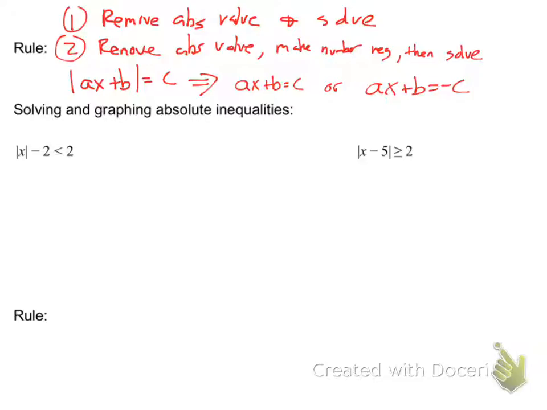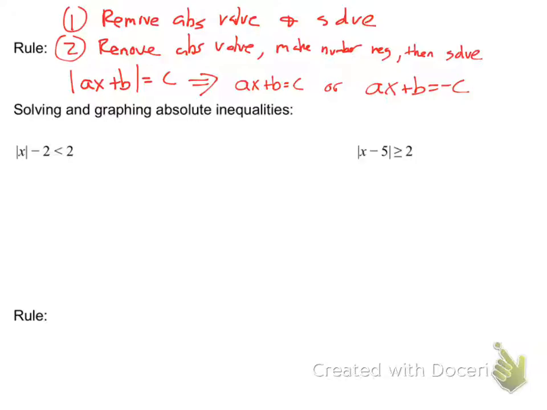Now, here's the cool thing: having absolute values, just like we did yesterday, we can isolate the absolute value as if it's a variable or something in parentheses. So it's kind of acting like a parentheses, we'll say. I've got to get that grouping symbol, that absolute value symbol, by itself first before I can get rid of it.